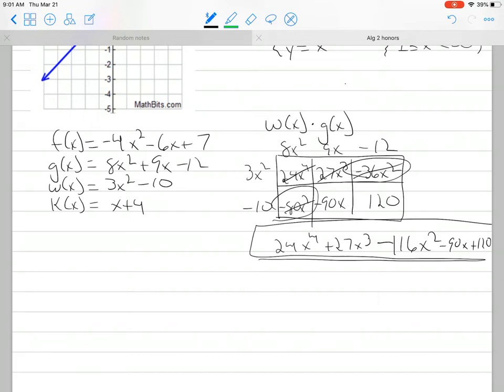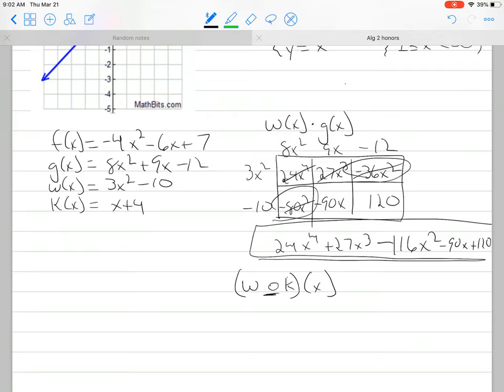Next one I would like you to do is w of k of x. Now notice, go ahead and do that. Hopefully you did it and you recognize that this is a composition.